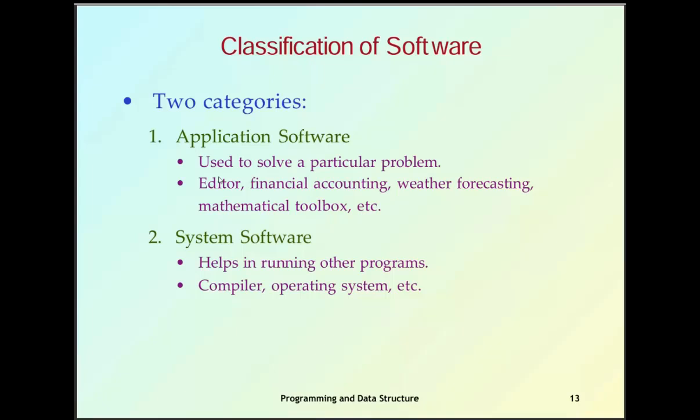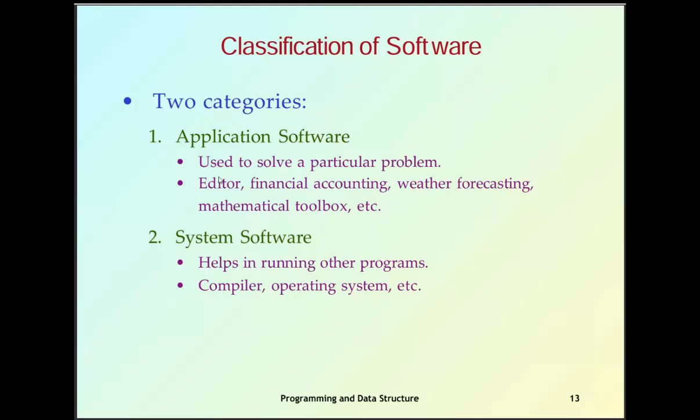Similarly, one can also think of system software. This system software provides a platform to other programs. For example, you can think of the operating system. When you purchase a new PC, the hardware and everything is provided with the new laptop.